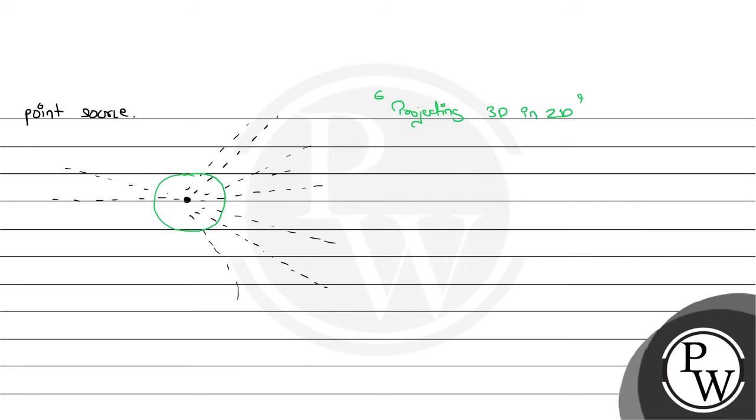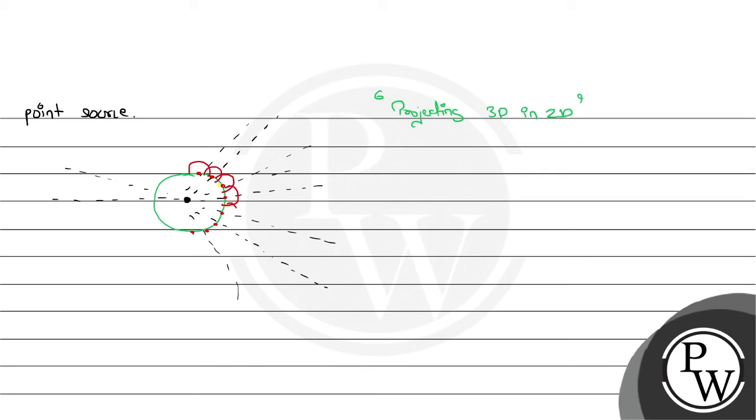So each point in the wavefront acts as a point of disturbance, and this creates spherical waves around itself.